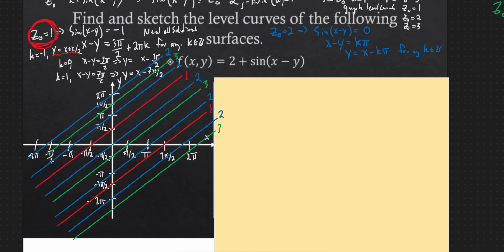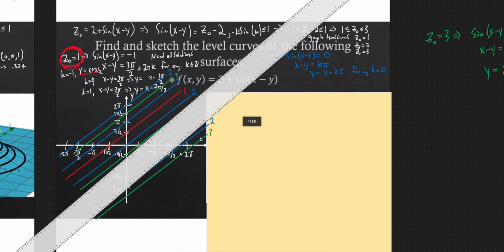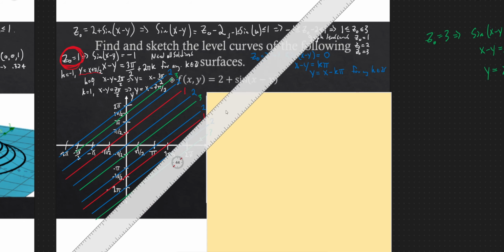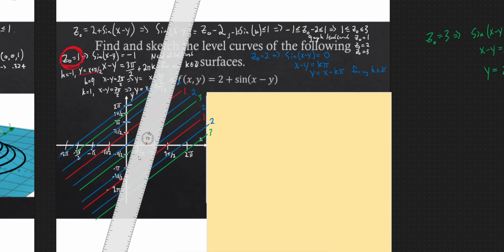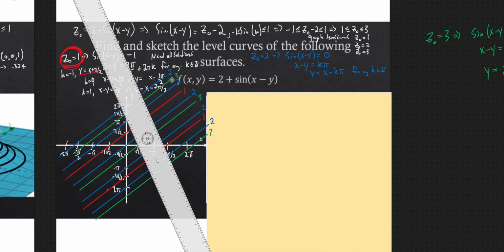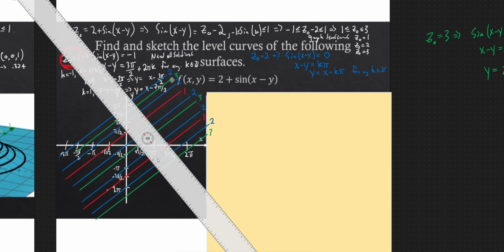It makes sense that we have this periodic nature to it because we have a sine involved, and that's a periodic function. If I think of a line perpendicular to these curves, like what's going on perpendicularly, I should get a copy of sine, because it's going up and down and up and down.